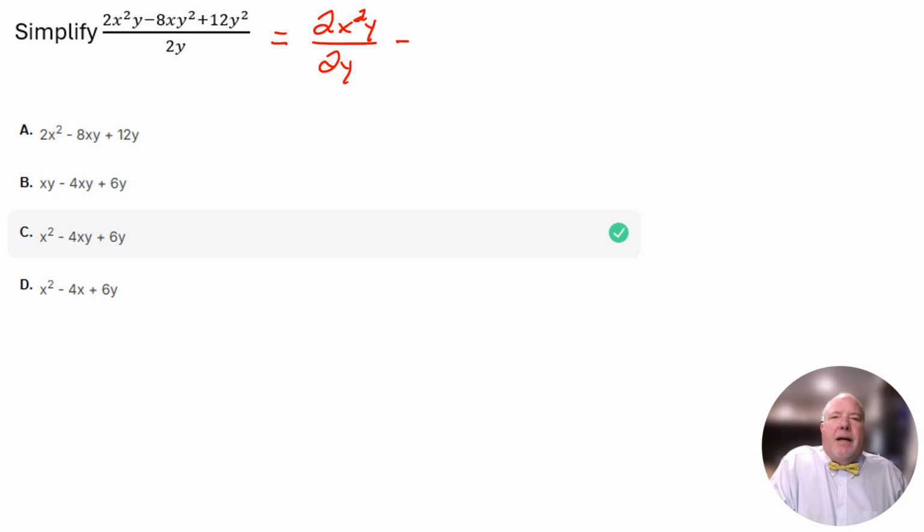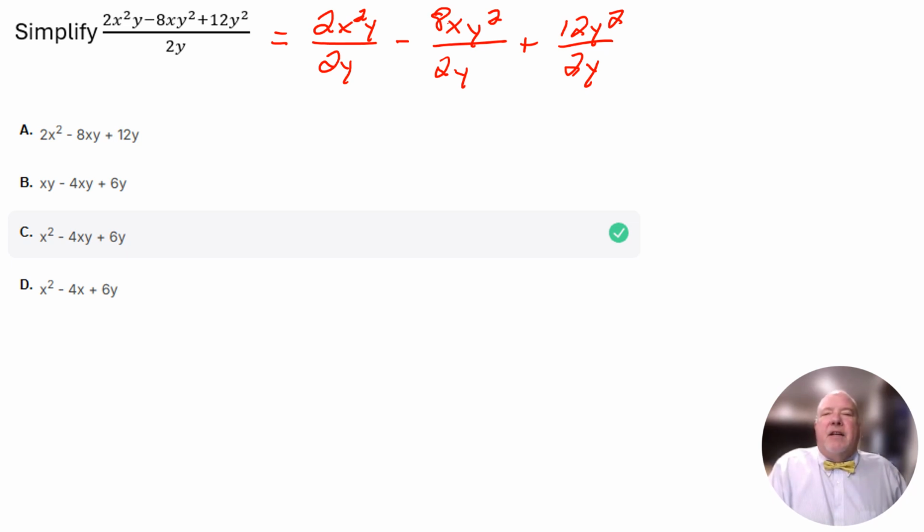And then I'm going to write the minus 8xy to the second, and divide that by 2y. Then I have the plus 12y to the second, and divide that by 2y. So I just split this apart and showed the 2y being divided out of each of the three terms in the numerator.